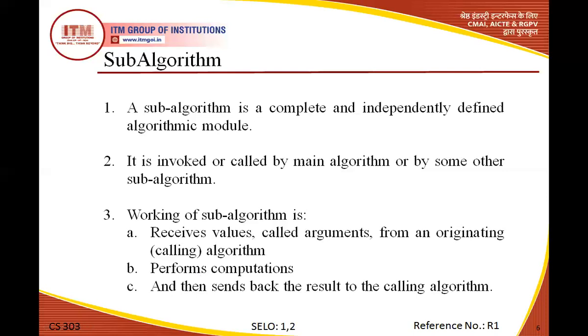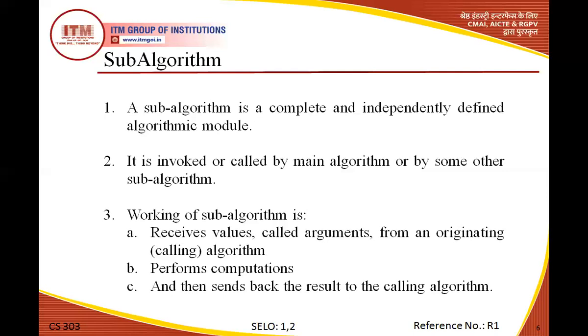We can pass some parameters. In the main program, whenever you call the function, we pass some arguments, and then this sub-algorithm performs some computation, calculates something, and then sends the result back to the calling program.